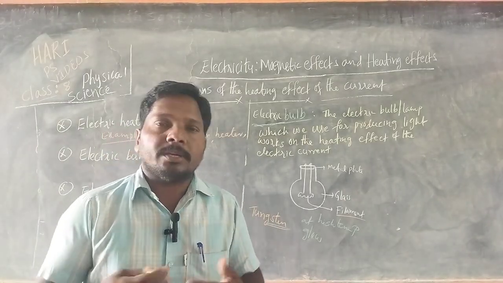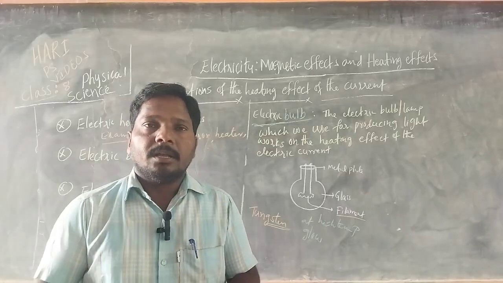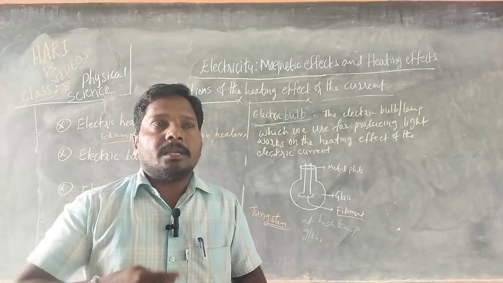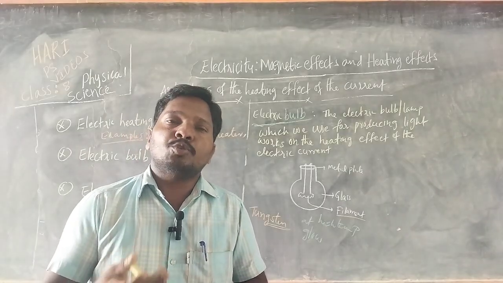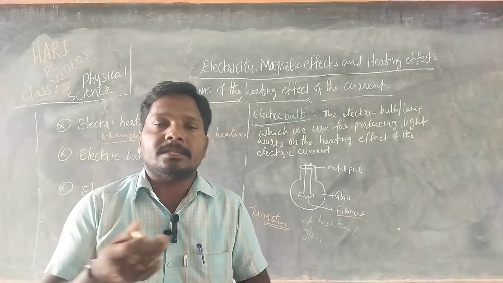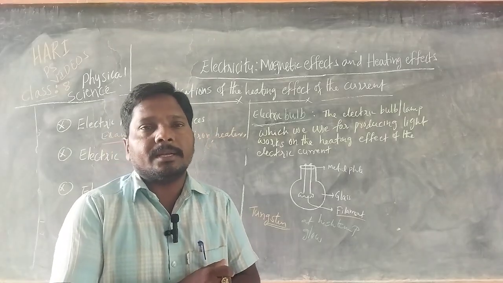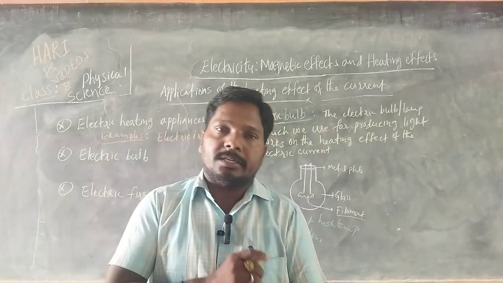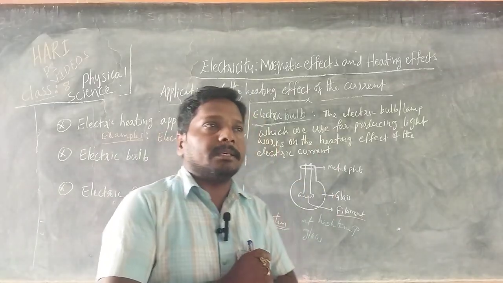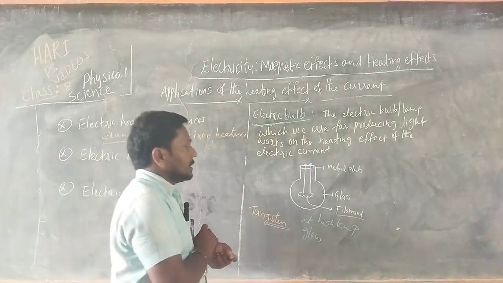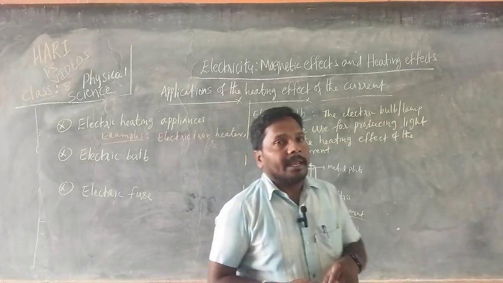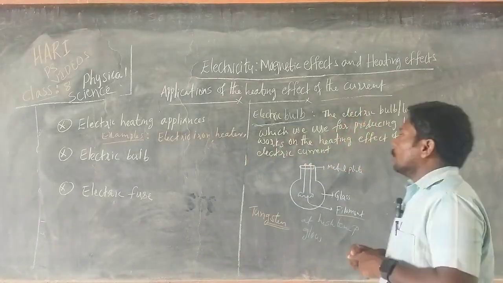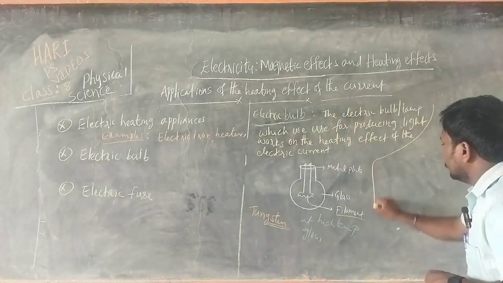That heat energy we cannot use, it is wasted. That means heat energy is produced by consuming more electrical energy. So electrical energy is wasted. That's why nowadays instead of electric bulb we are using other bulbs.